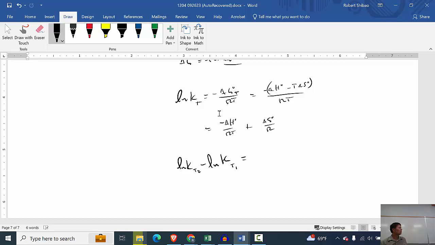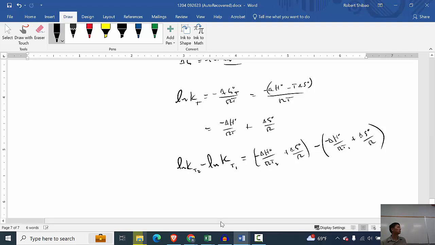Okay, so this is going to equal minus delta H naught over RT2 plus delta S naught over R. Okay, minus delta H naught over RT1 plus delta S naught over R. All right, so what we're going to do is we're just going to simplify this here.